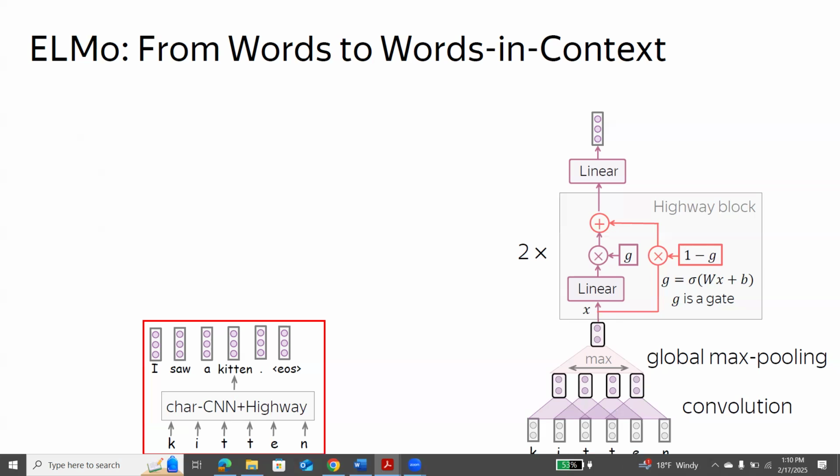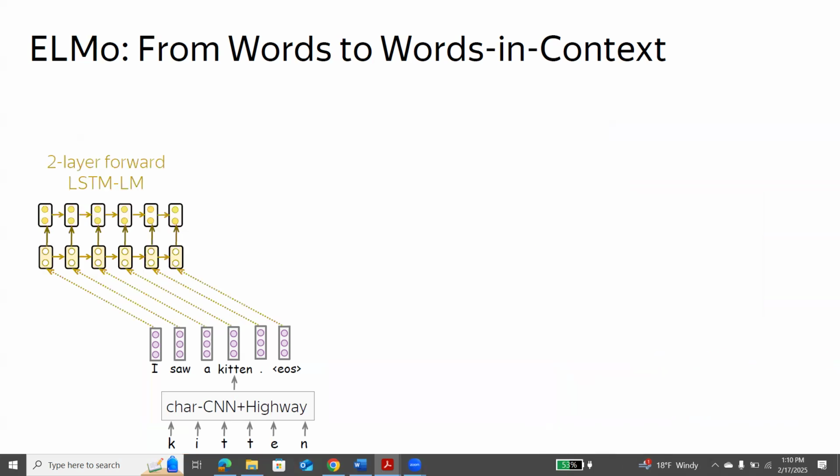Okay, and then after creating for each token this character level embedding, they proposed to use two LSTM layers.